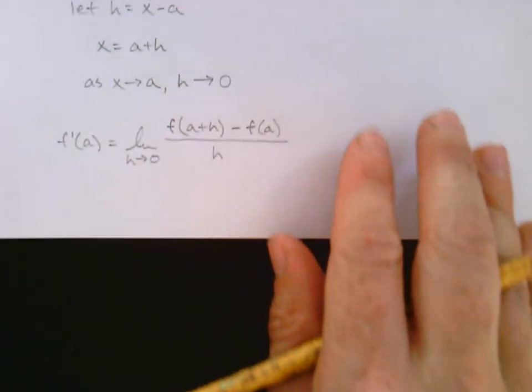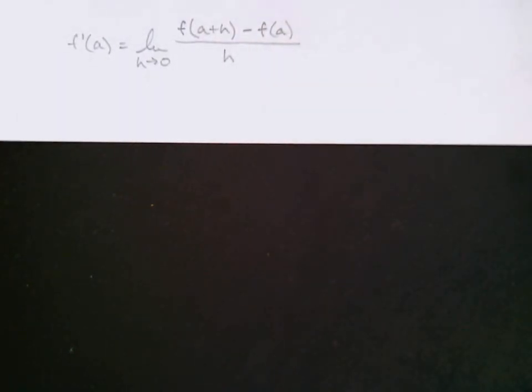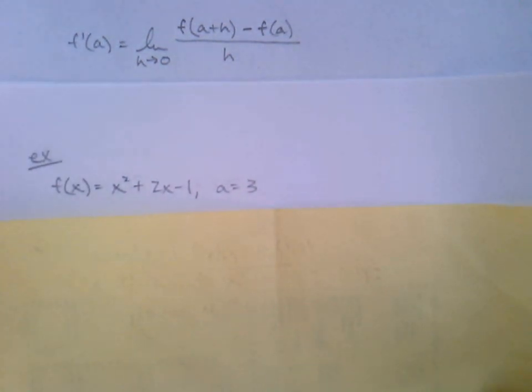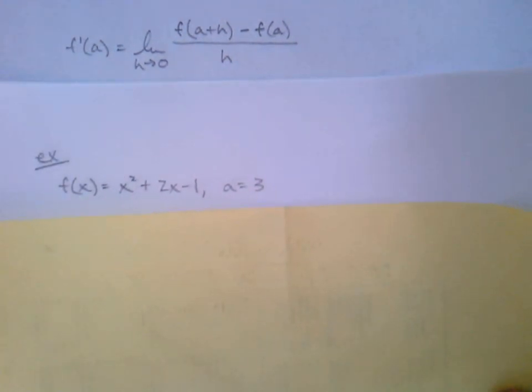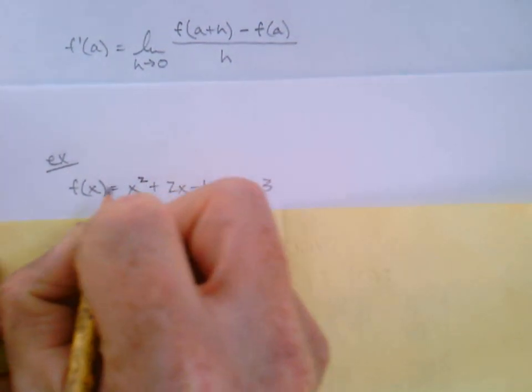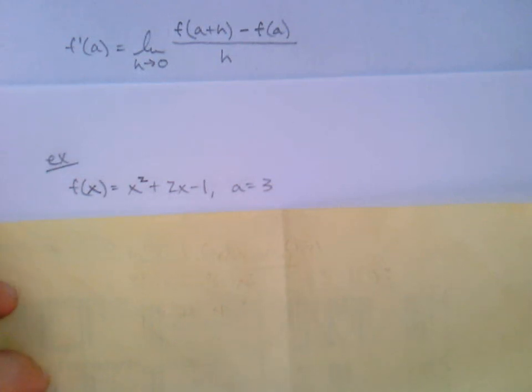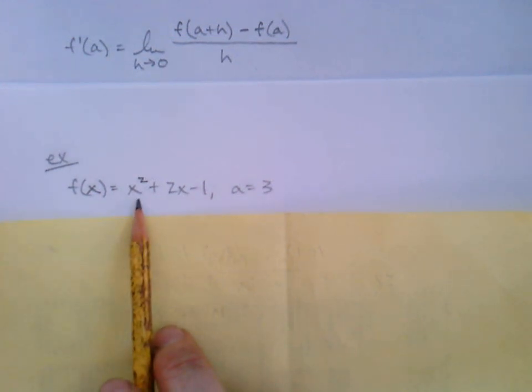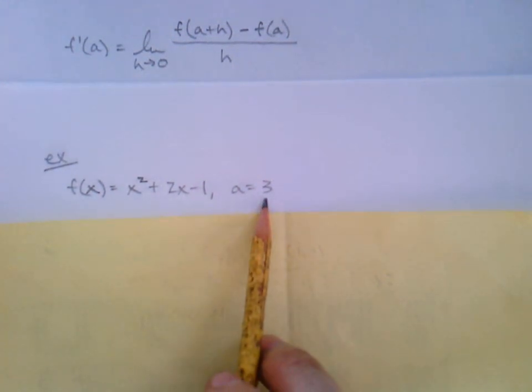All right, let's keep that formula there on the screen. We're going to look back at those same examples we did just a moment ago, but now with our new formula. We're going to try this out with some familiar examples. So let's look back to f of x equals x squared plus 2x minus 1 at a equals 3.